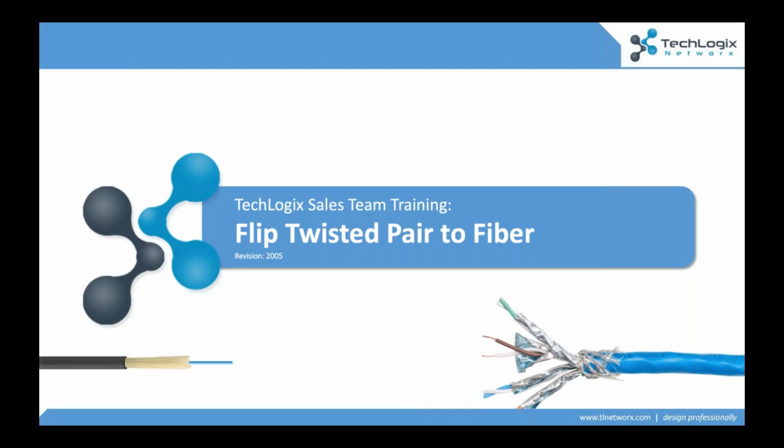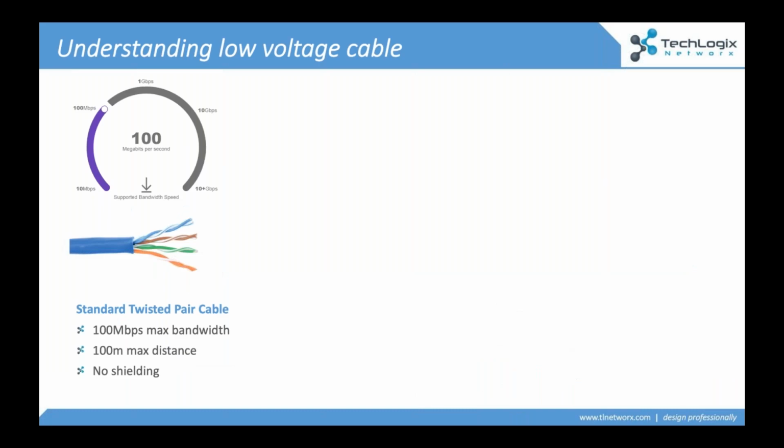Let's start the conversation today talking about low voltage cabling, and specifically, let's look at standard twisted pair cable. This is what we've pulled for years, right? We've worked with unshielded twisted pair cables to move video, data signals, even control signals. These are the cables that we'd plug into HDBaseT extenders or into network switches. We're all familiar with this.